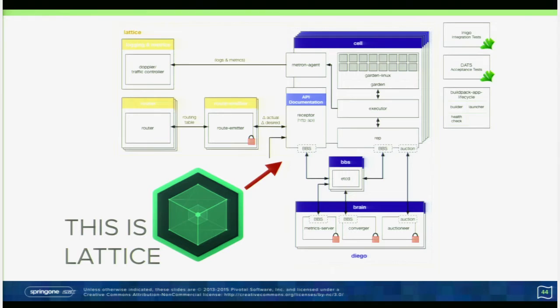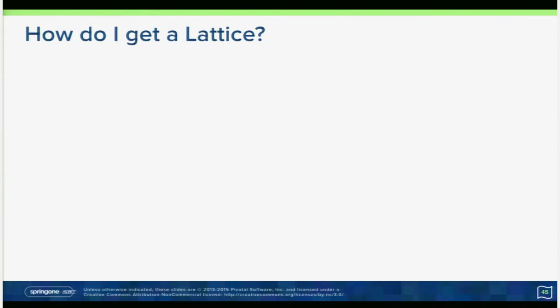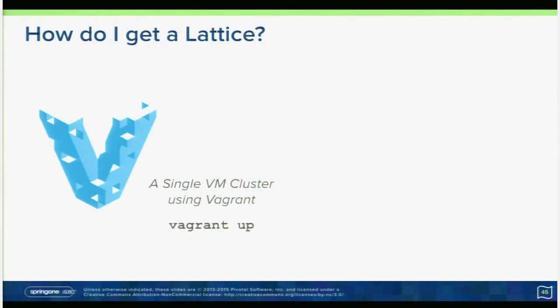Okay, cool. What makes that so much better? Well, because of how you can get one. How do I get a Lattice? Well, the simplest way is to Vagrant up your Lattice. And boom, you have all of that stuff running in a single VM on your laptop, and your laptop is still working.